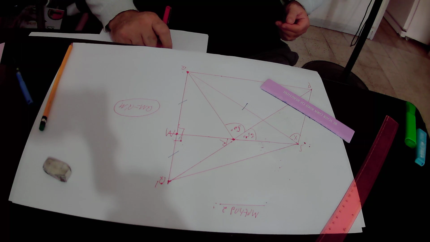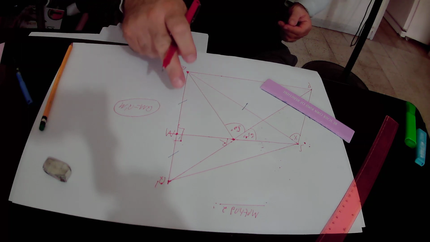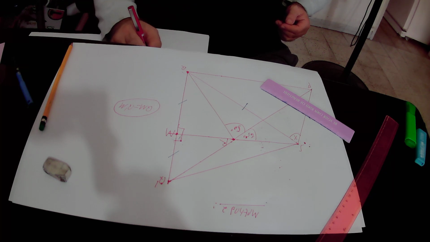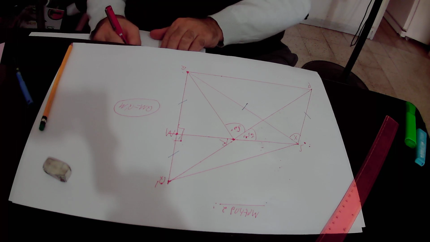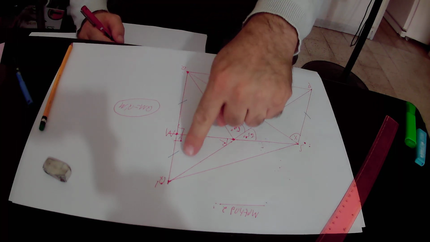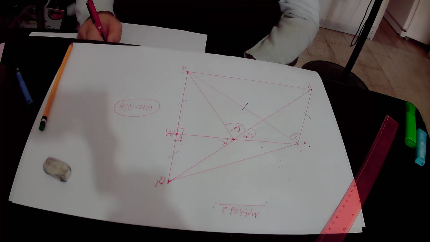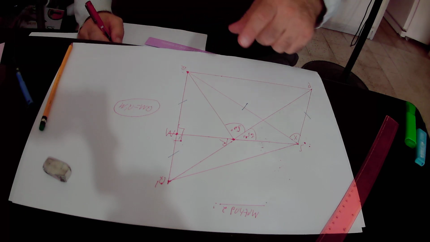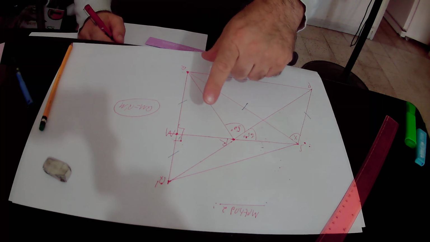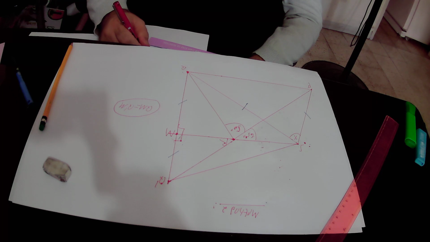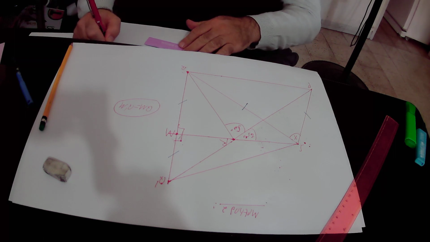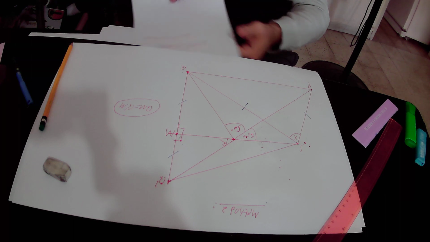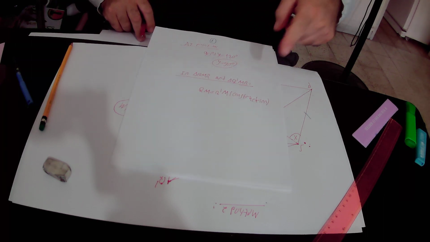We will focus on the right triangle QMR and the right triangle Q dash MR. So on those right triangles, we know that QM equals Q dash M according to our construction.